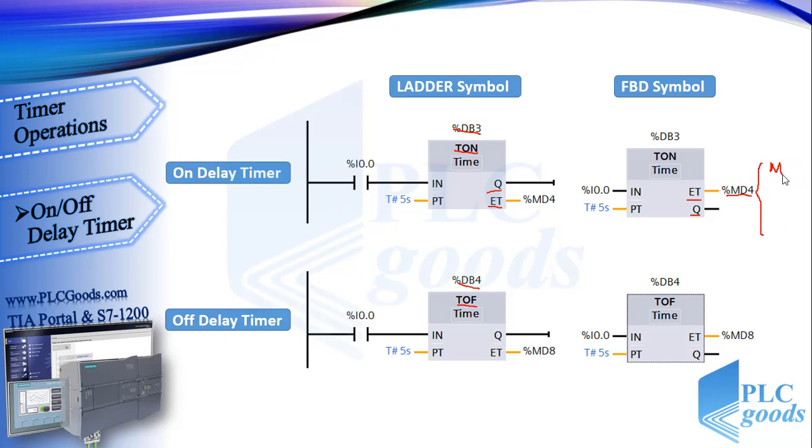MD4 refers to PLC memory, which includes byte 4 to byte 7. For another timer, we can use byte 8 to byte 11 of PLC memory, with the MD8 address.